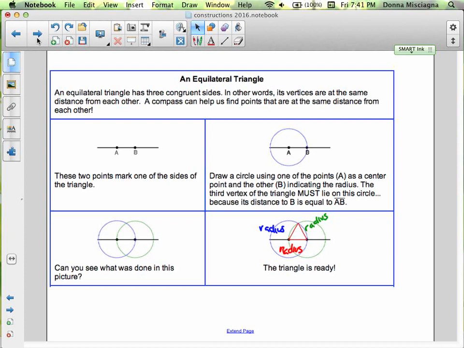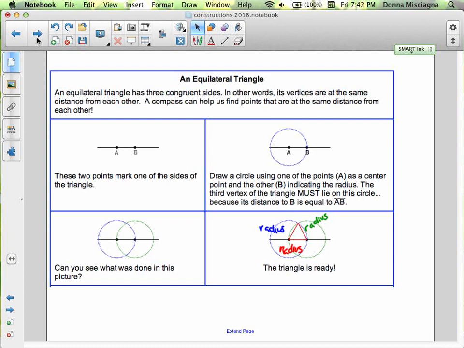In this case, we're going to want to make sure that all of the sides are the same as AB. So one way we can make sure is to make sure that when we put that compass on A and we draw a circle or arc, it goes right through B. So you need to draw your arc through B, but you don't have to come all the way around if you don't feel like it.